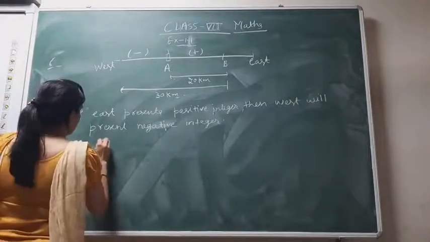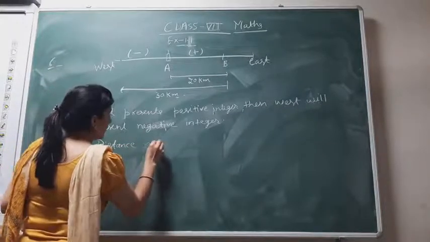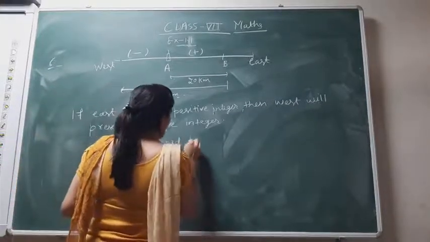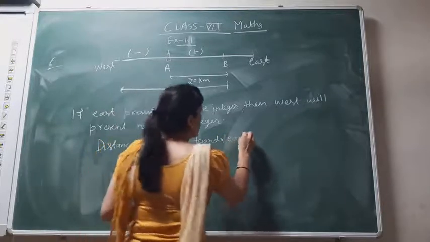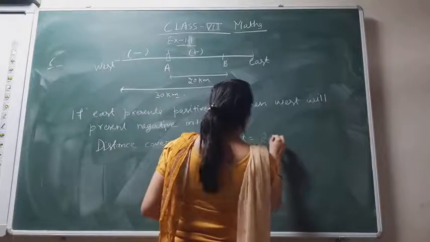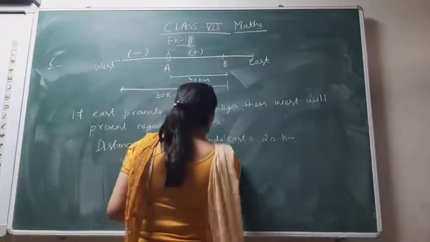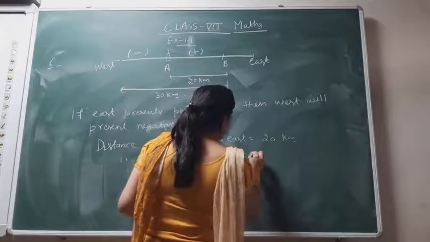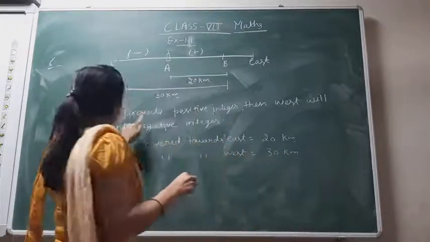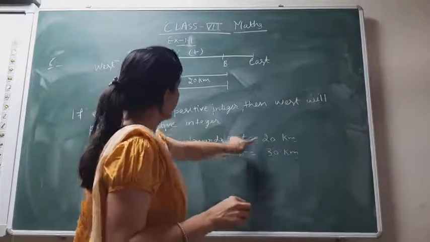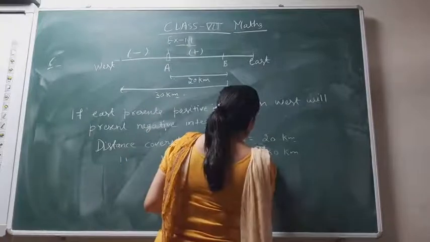Distance covered towards east, it is 20 kilometers. Distance covered towards west, it's 30 kilometers. What do we say? If east represents a positive integer, then west will represent a negative integer.